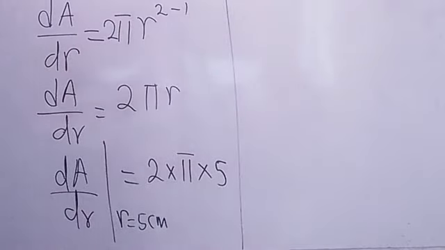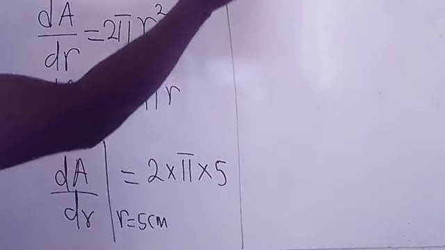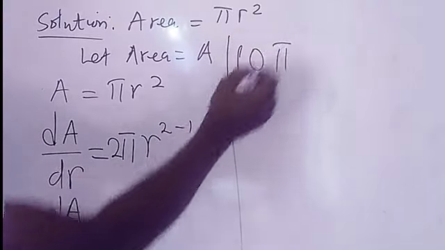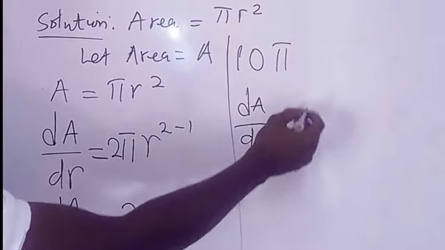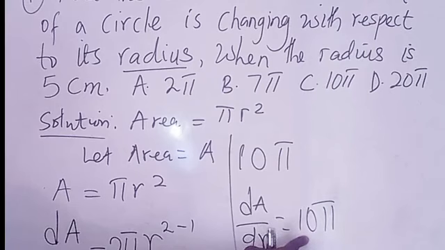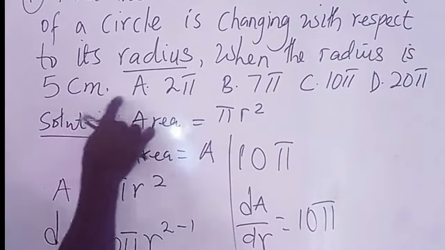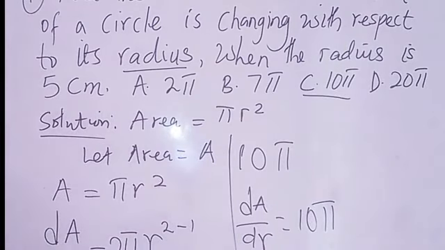So 2 times 5 is 10, then pi. Therefore, dA over dr is 10 pi. Since we have 10 pi from the options, that is option C, and that is the solution to the problem.